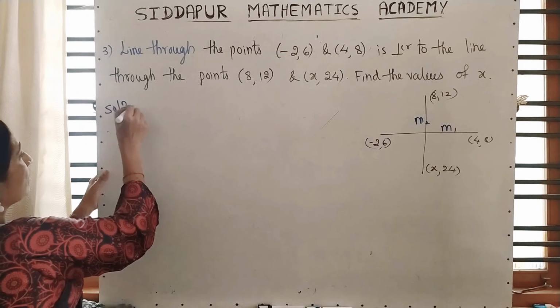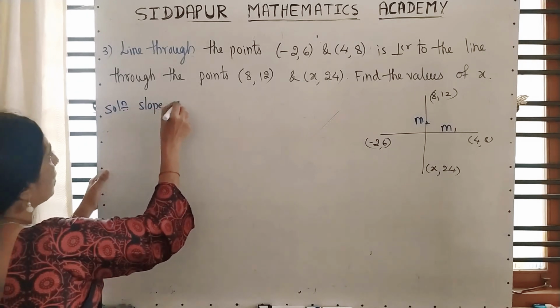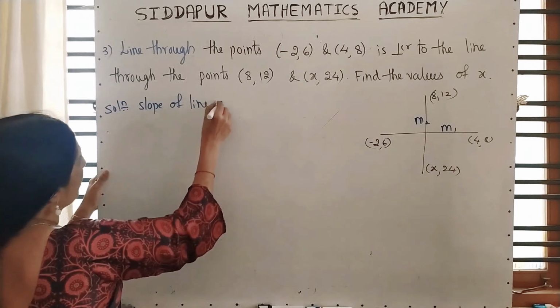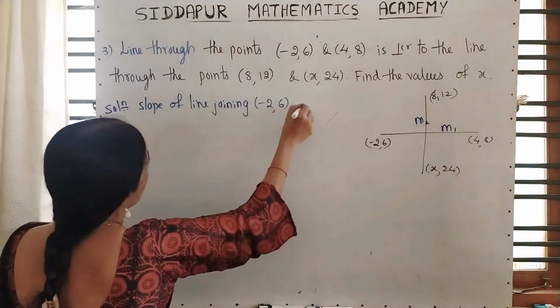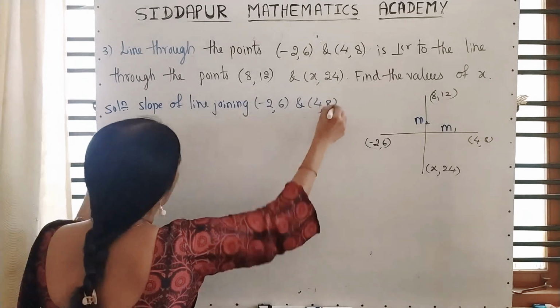Here, slope of the line joining minus 2, 6 and 4, 8.